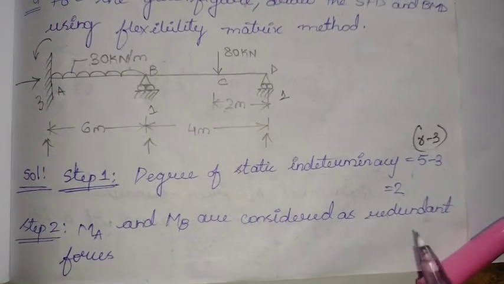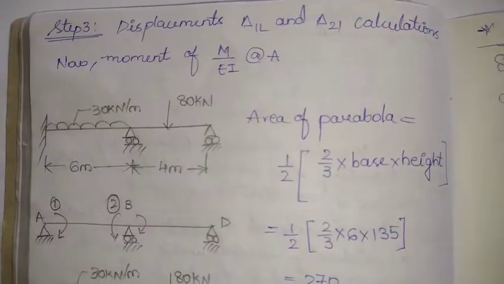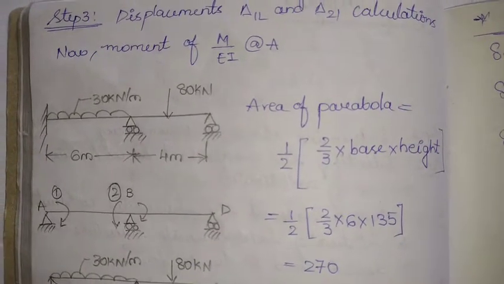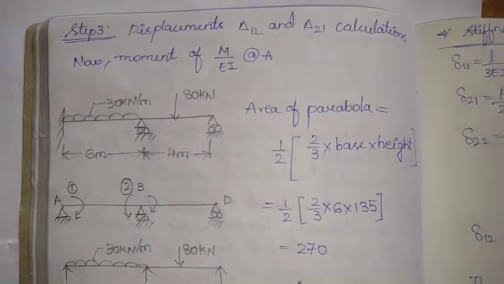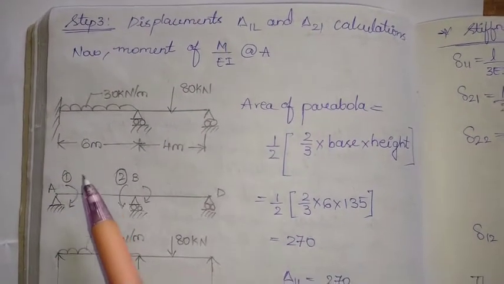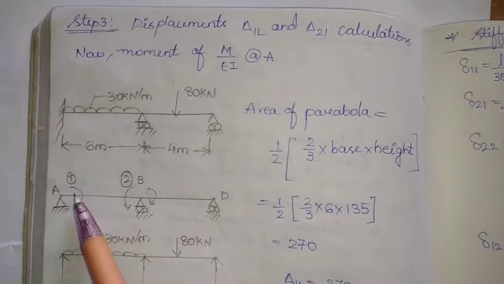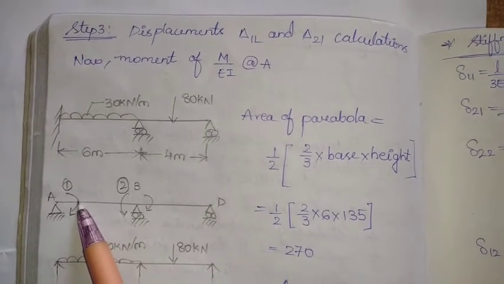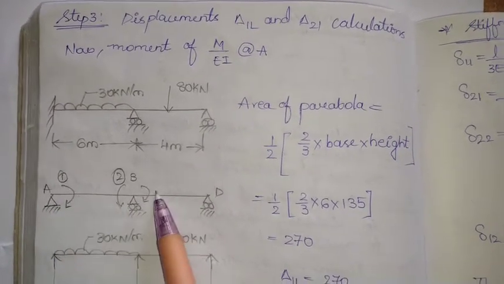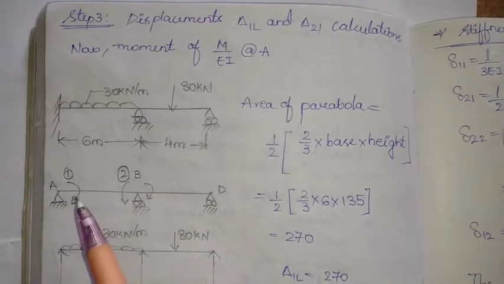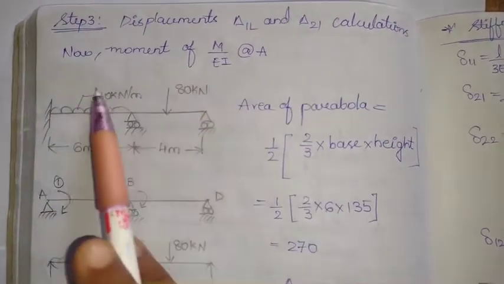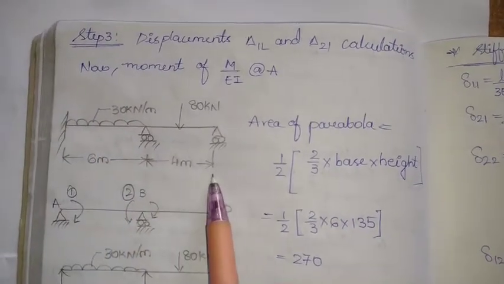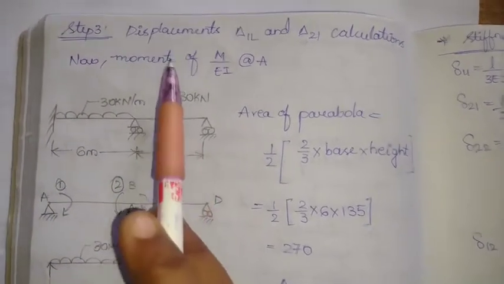Now in step 3, as I told you, we'll take the given loading conditions and calculate displacements at the coordinates we have considered. We have taken MA and MB as the redundant forces. This is the given loading condition in the question, so for this we'll be calculating displacements.